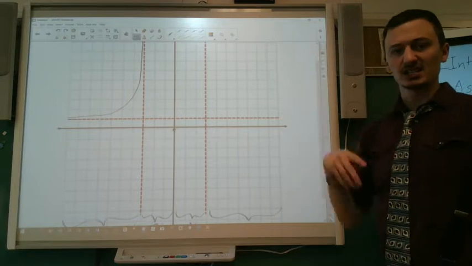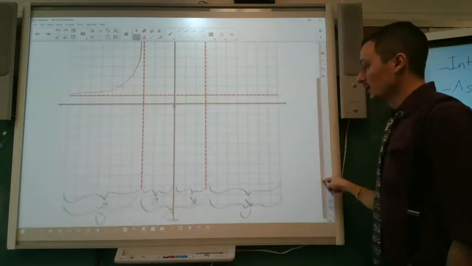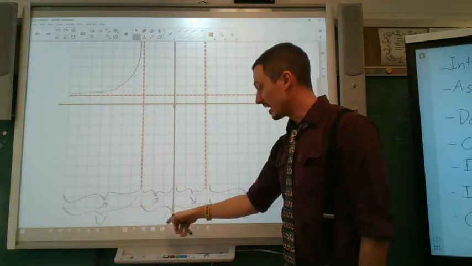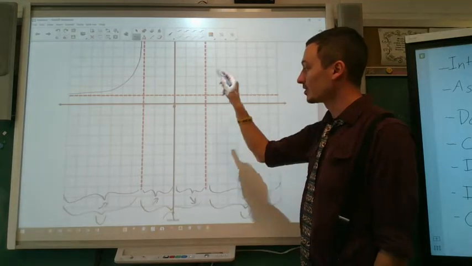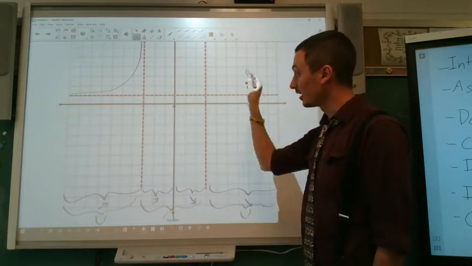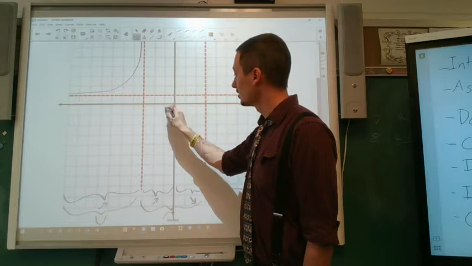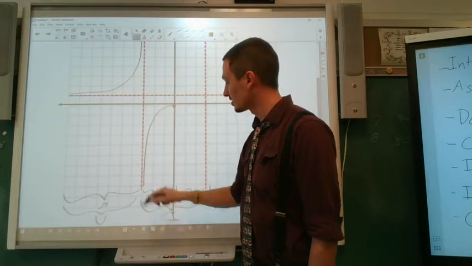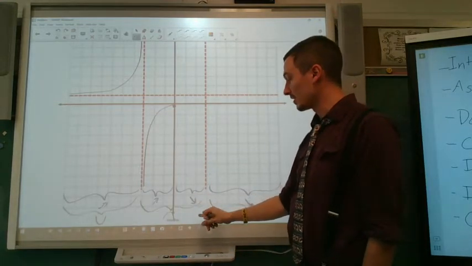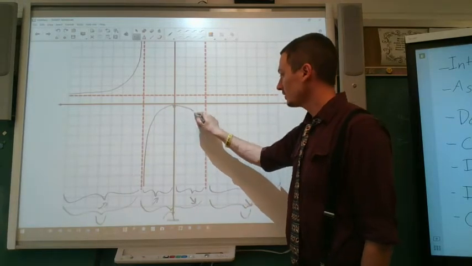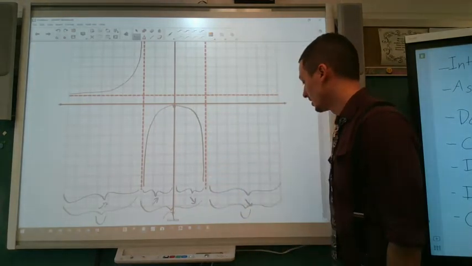So it fits nicely in that top corner right there. This is increasing and concave down. So increasing and concave down is the first half of it, and it's going to cross right here. So I'm just going to draw that kind of backwards. The second half of concave down is decreasing.